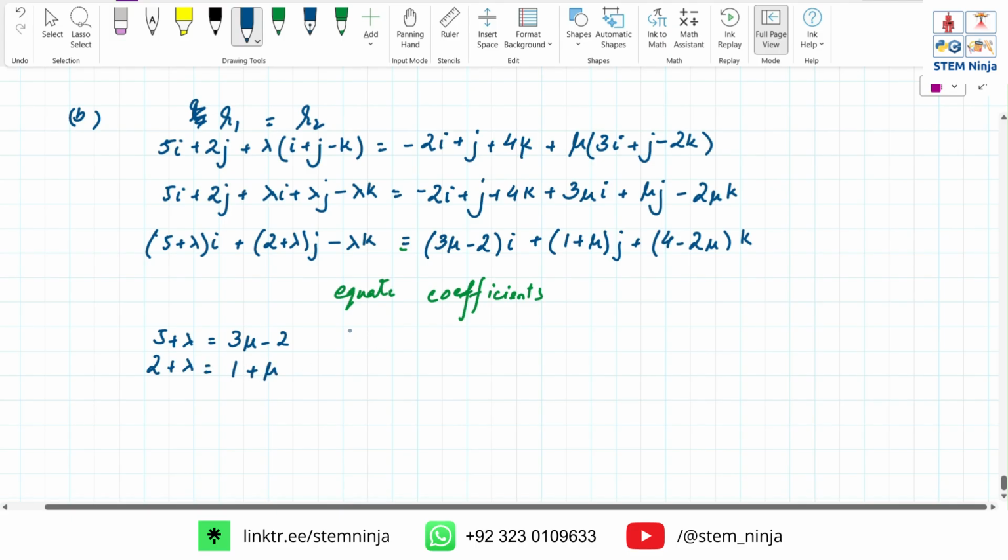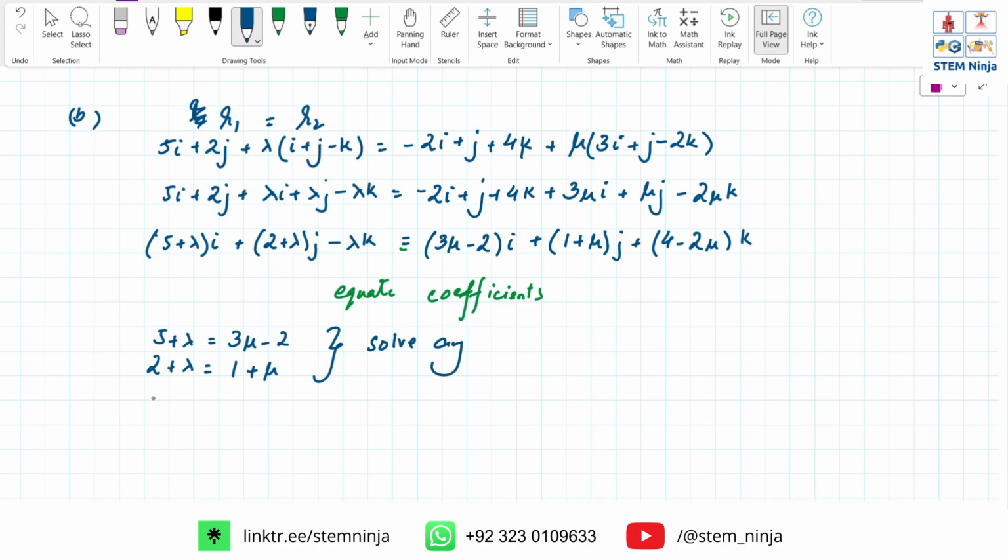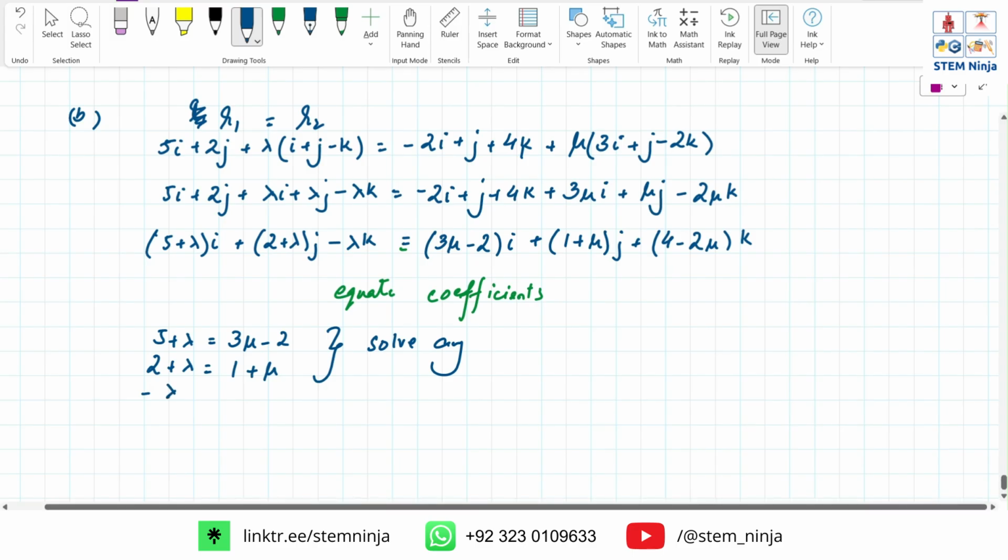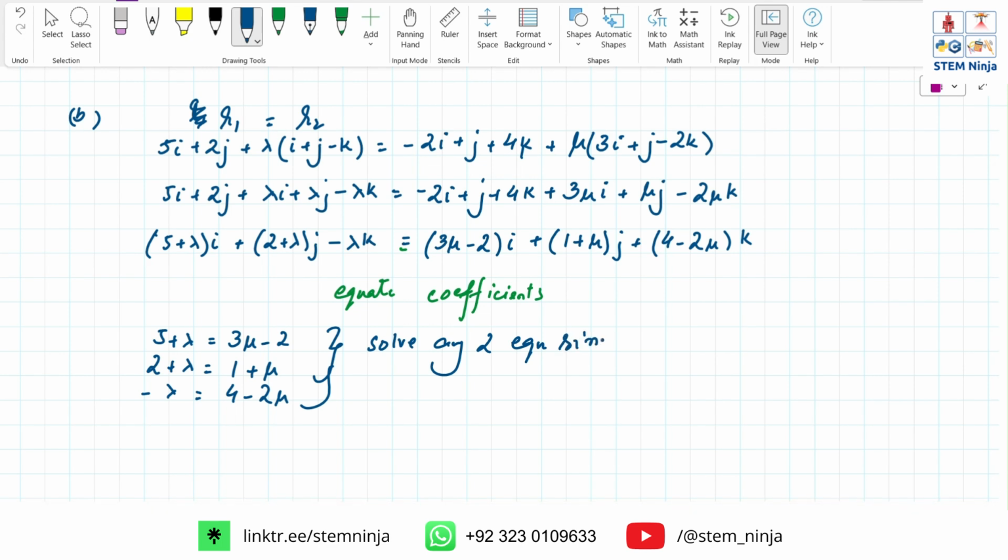Now, first off, we are going to solve any two equations. So we can write the third one also. So minus lambda is equal to 4 minus 2 mu. So we can solve any two equations simultaneously, since we just have only two unknowns, right?